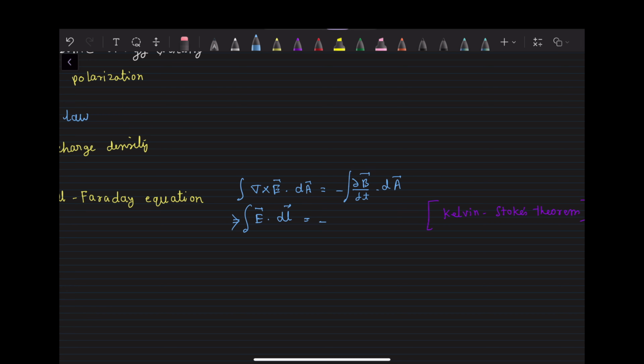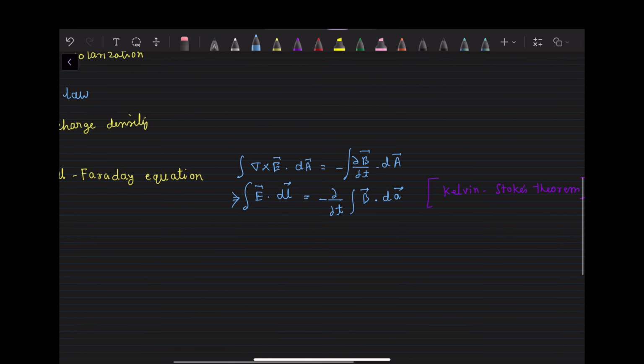And here let's take out the time derivative and integrate the magnetic field over an area. Here we have dl, and this part is nothing but magnetic flux, right? Magnetic field over an area integration, that's flux.